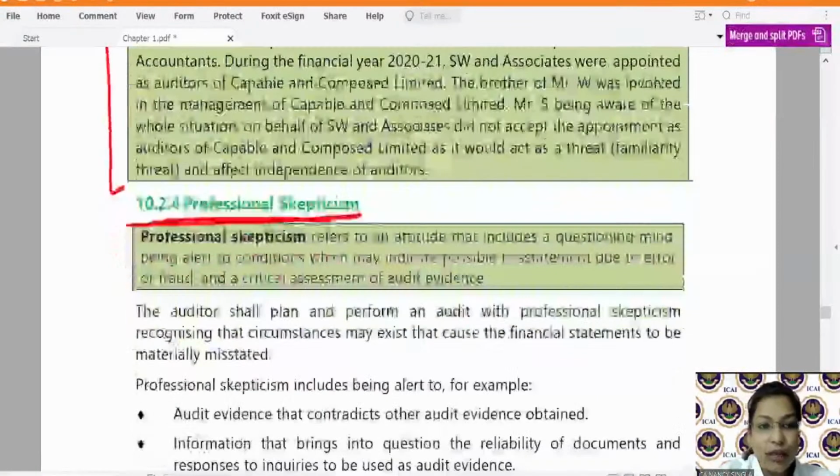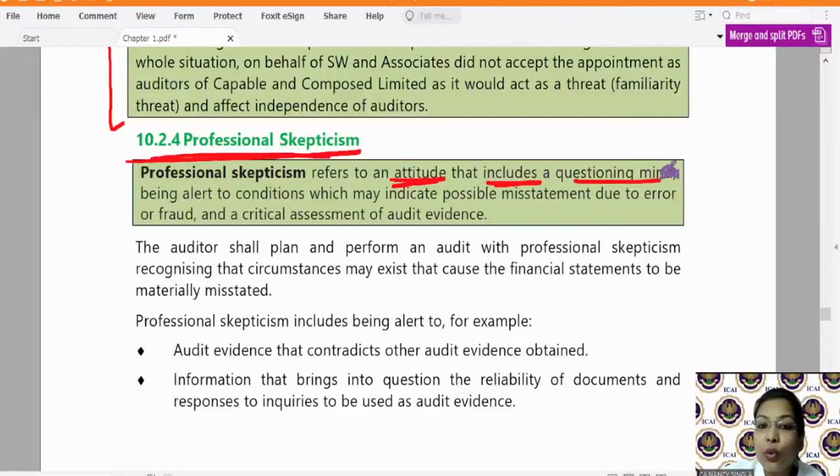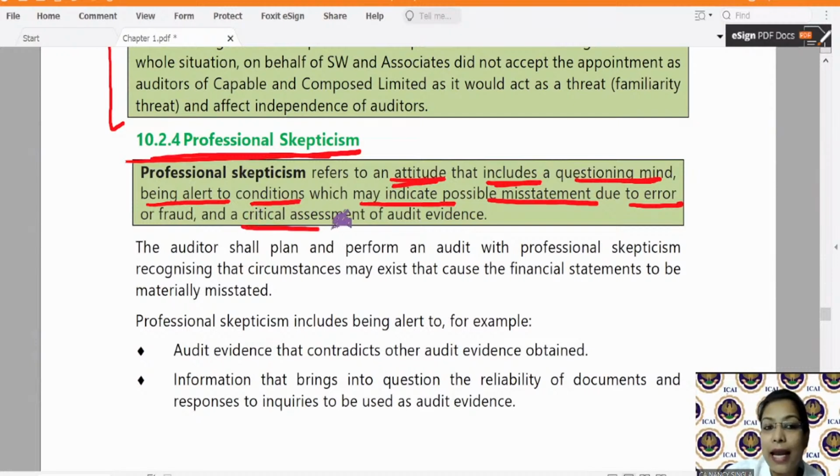Let us have a look at it in the module. So Diksha, I'll explain this again in English. Professional skepticism refers to an attitude that includes a questioning mind, being alert to conditions which may indicate possible misstatement due to error or fraud, and a critical assessment of audit evidence.